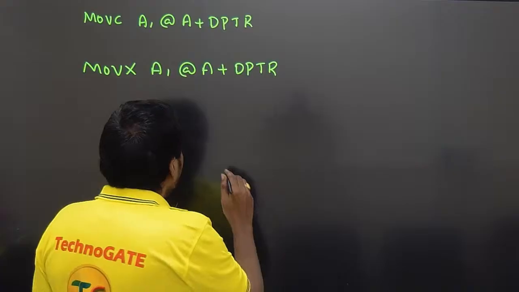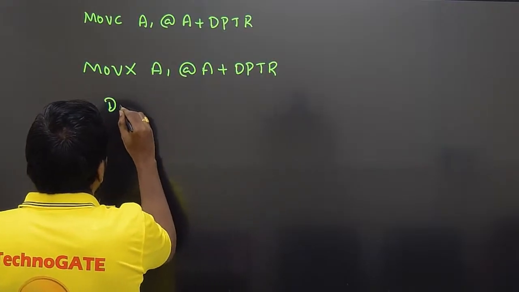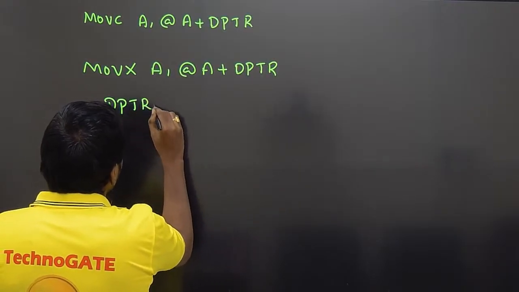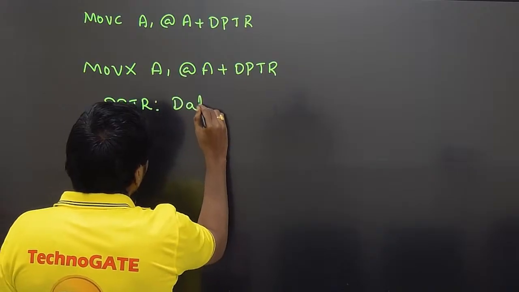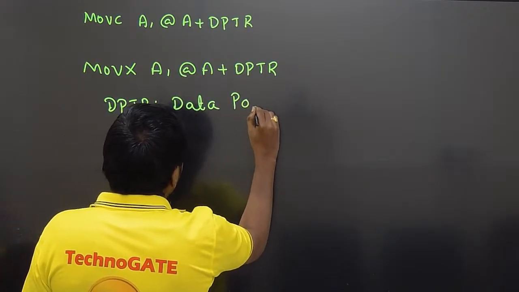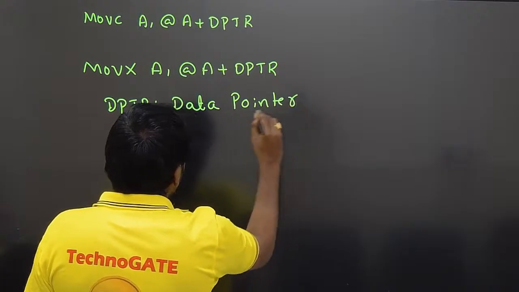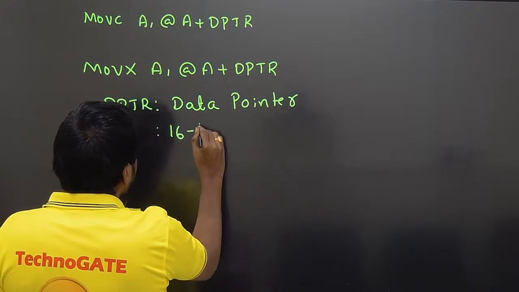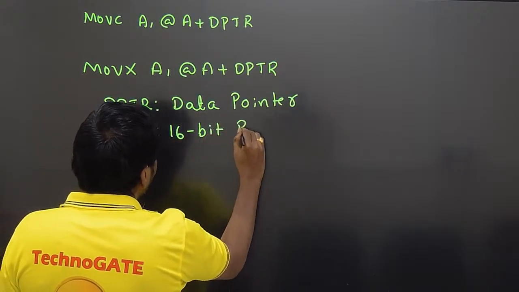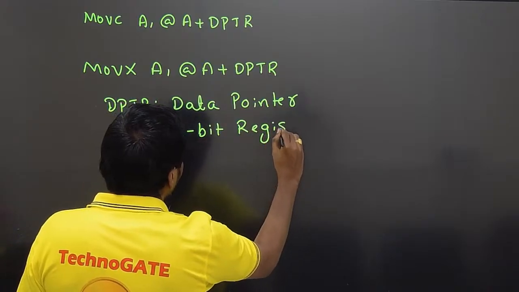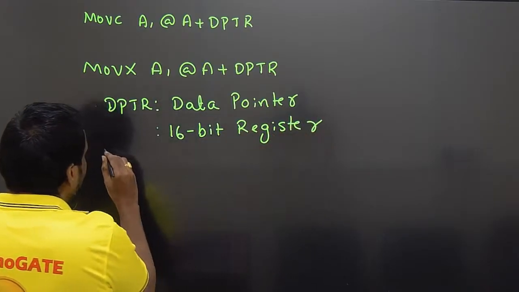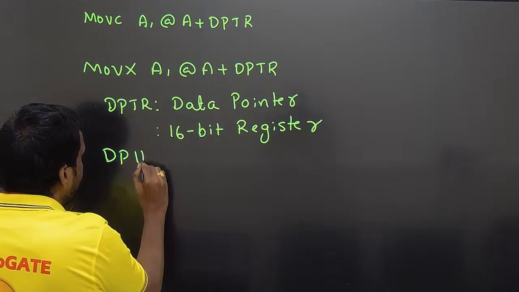DPTR is nothing but the data pointer. It's a 16-bit register. And DPH is what?